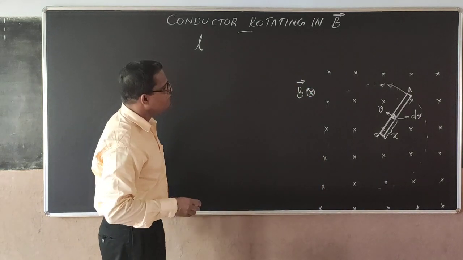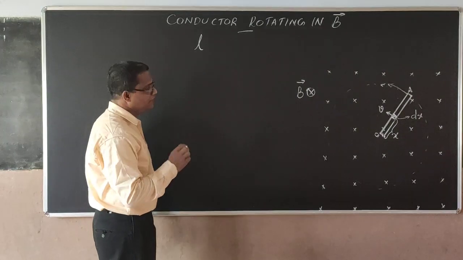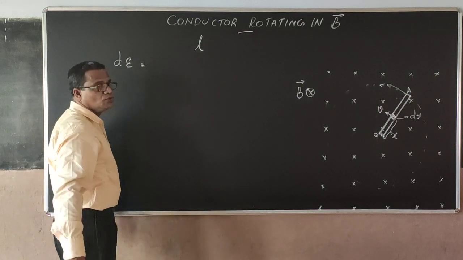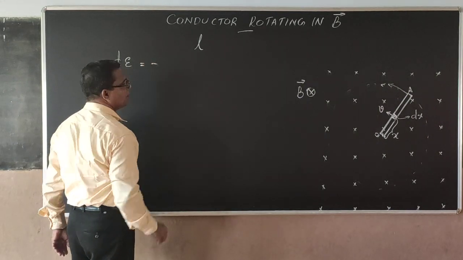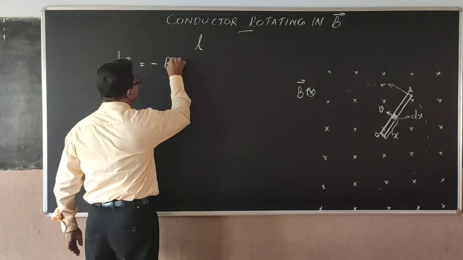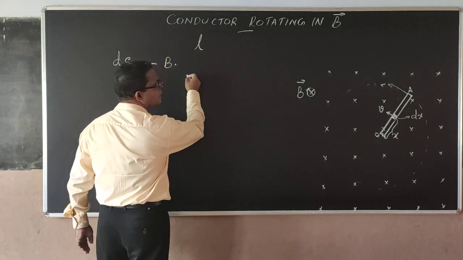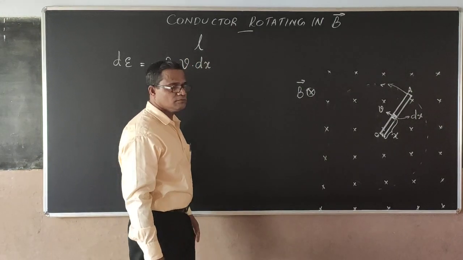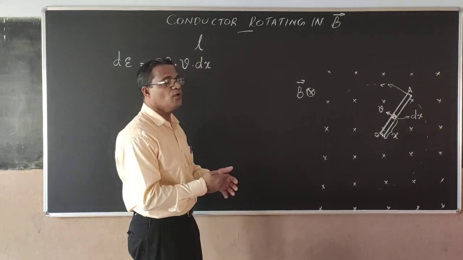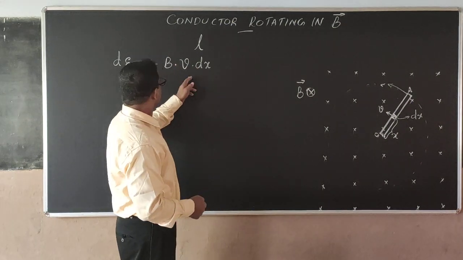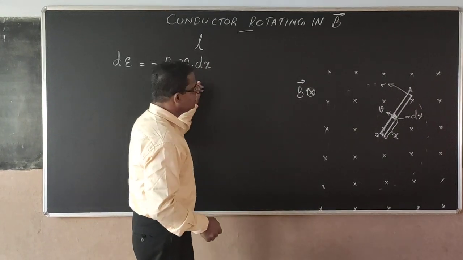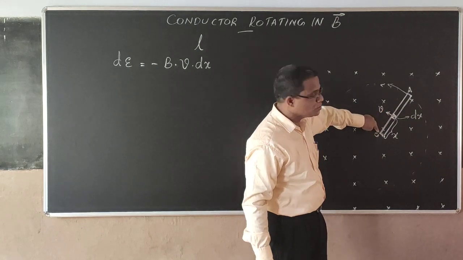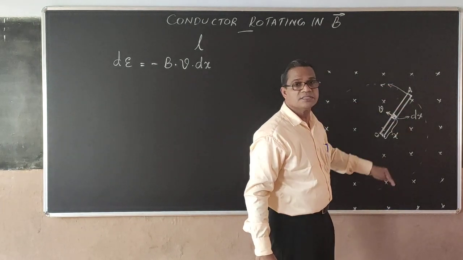Then the EMF induced in that small dx will be given by dE equal to minus B into v into dx, we can say, the BLV formula. Now this v is not constant, because as you move from the fixed point the v value will be 0, and as you move outward, the v will be increasing accordingly.